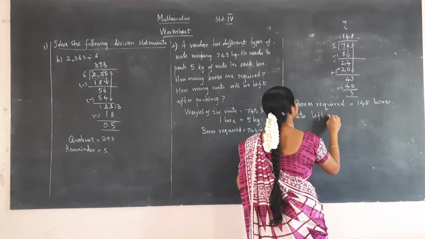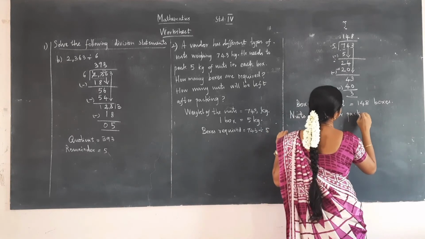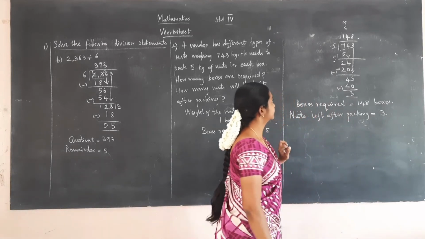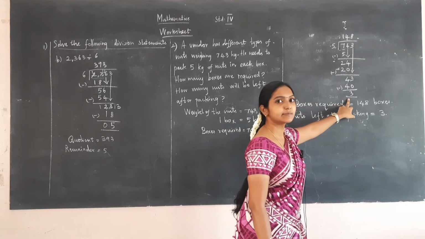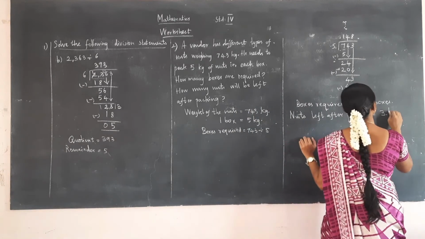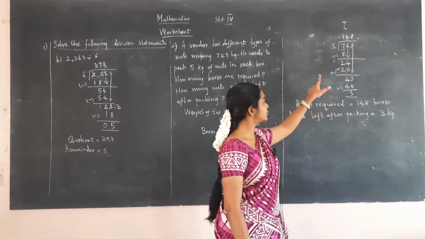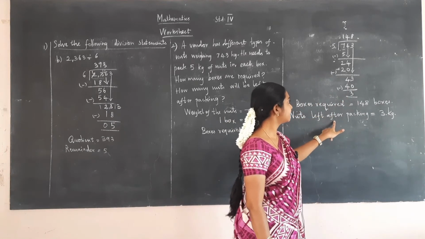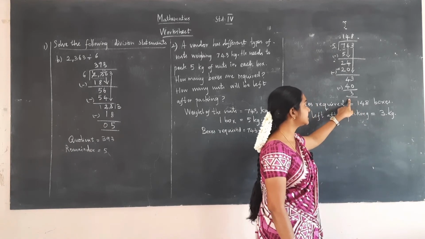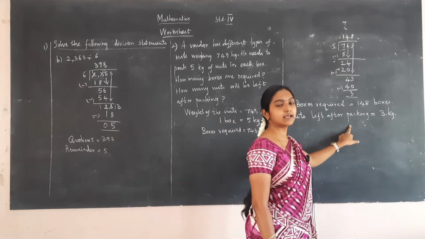Nuts left after packing equals 3, because the remainder is 3. So, nuts left after packing is 3 kg of nuts. The boxes is the number in the quotient and the nuts left after packing is the number in the remainder. So, nuts left after packing is 3 kg.